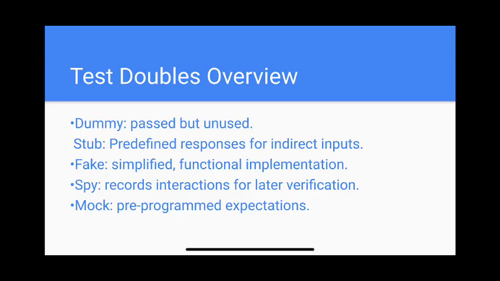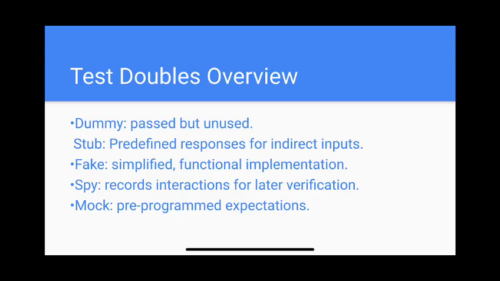A dummy object is simply passed around because the method signature requires it, but it's never used. A stub provides predefined responses and is used to control indirect inputs, supporting state verification. A fake has a simplified but functional implementation, such as an in-memory repository or fake email service.